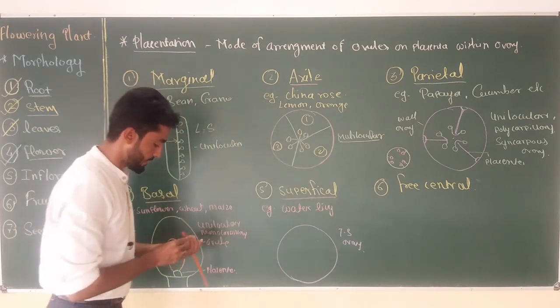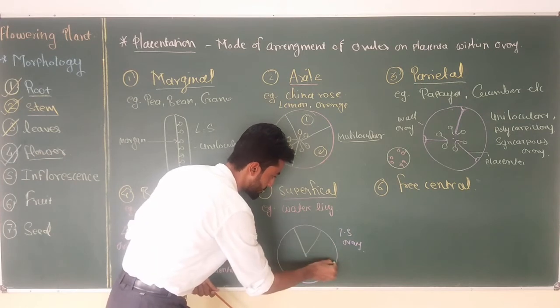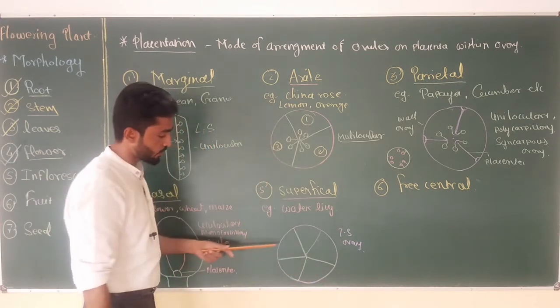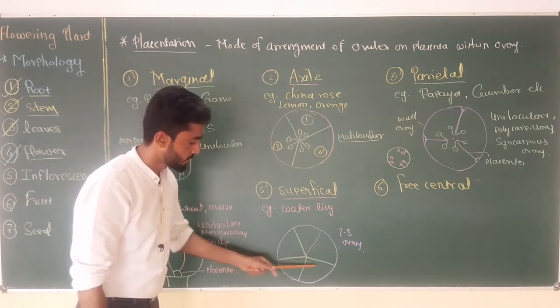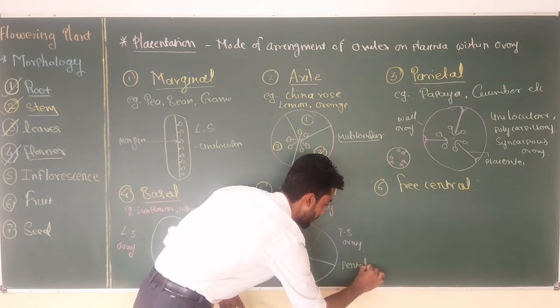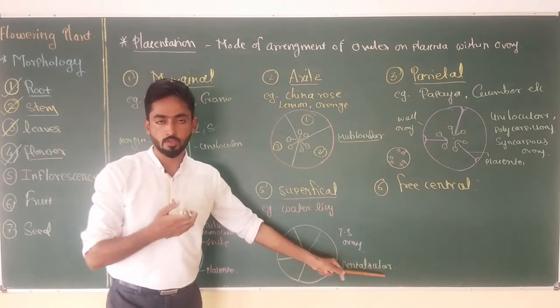Now, you can find the ovary shows different compartments. Here I have drawn ovary with 5 different compartments. So it is pentalocular ovary. Penta means 5 and locular means chamber.